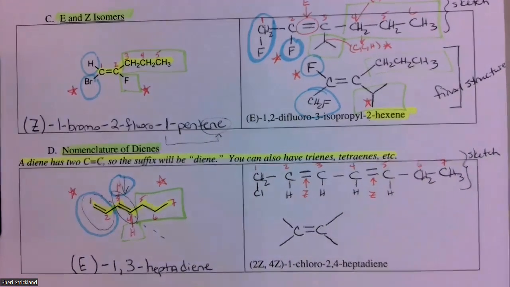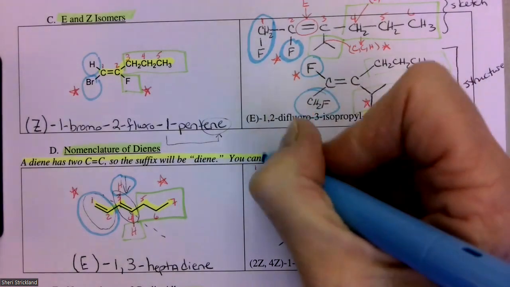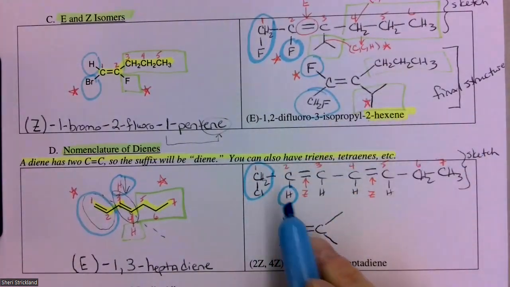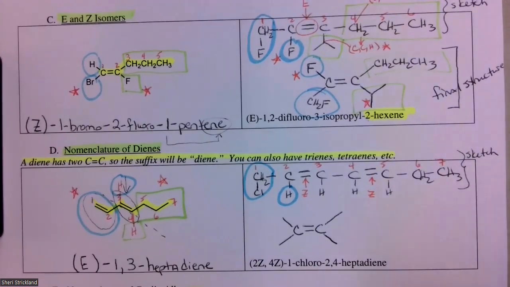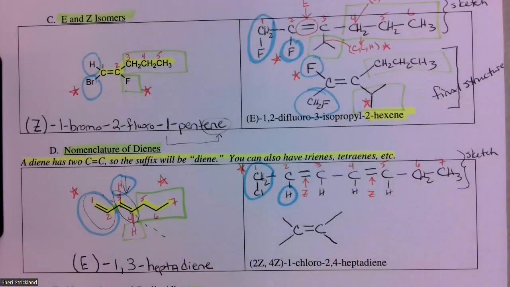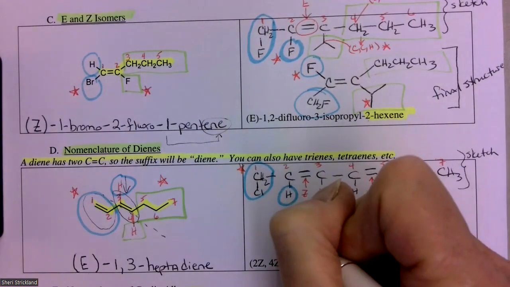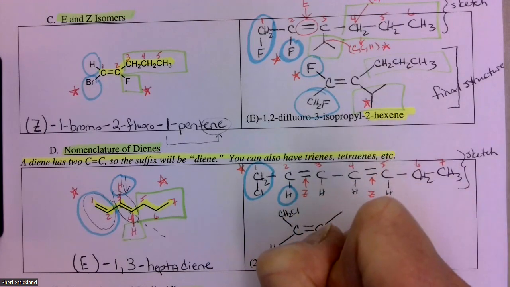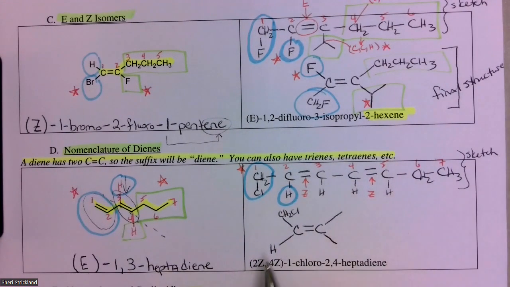All right, so when you look at 2 things that are bonded to the left-hand sp2 carbon here, this is the one of higher priority. So I'm just going to put it up here. So the hydrogen goes there. If I want this to have the Z configuration, then the 2 groups of higher priority have to be on the same side.